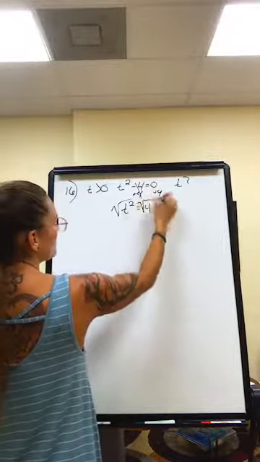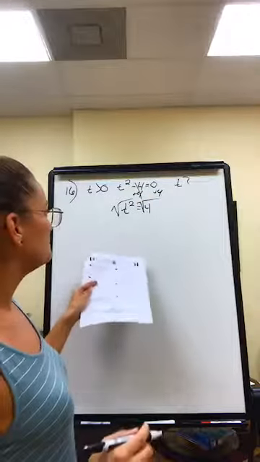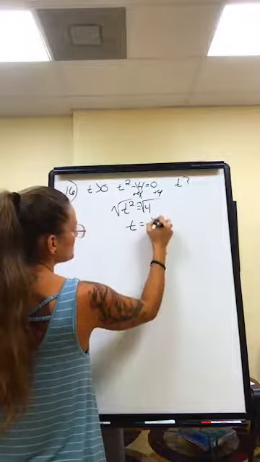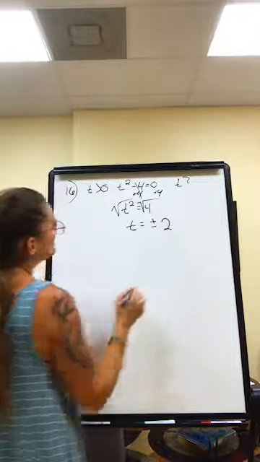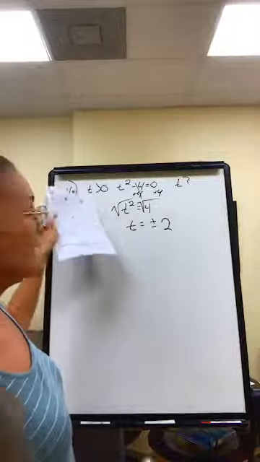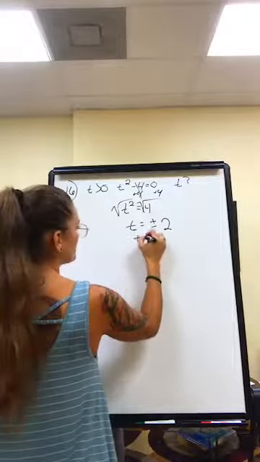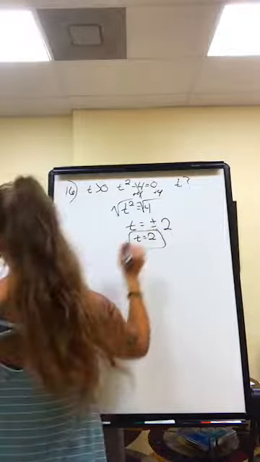Take the square root of both sides, and then t equals plus or minus 2. But since they're telling us that t is positive, t is 2. So t equals 2.